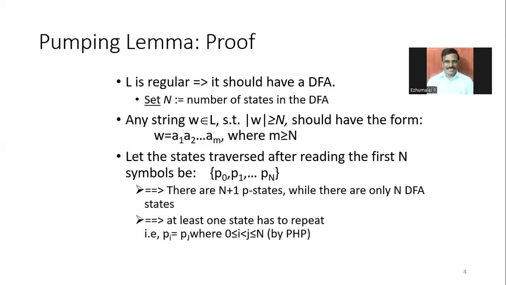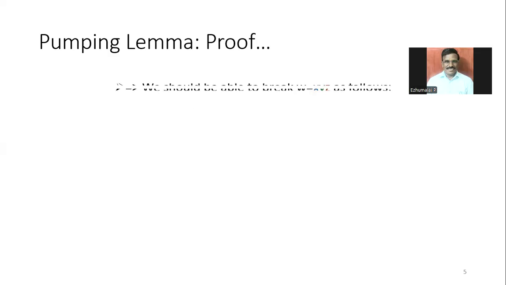So at least one state has to be repeated, that is pi equal to pj, where 0 is less than or equal to i less than j less than or equal to n, by the pigeonhole principle. We can then break w into three substrings x, y, z as follows. Let x equal a1 a2 up to ai, y equal ai plus 1, ai plus 2, up to aj, and z equal aj plus 1, aj plus 2, up to am.